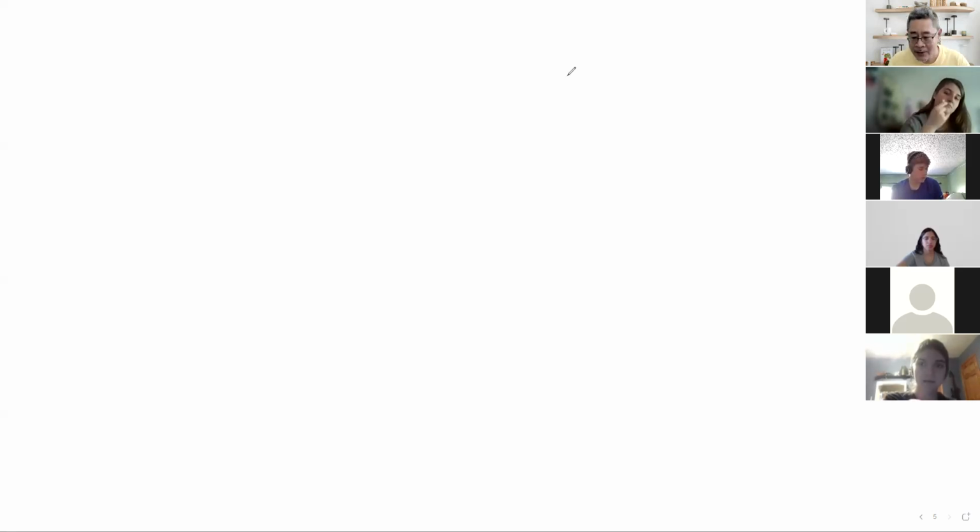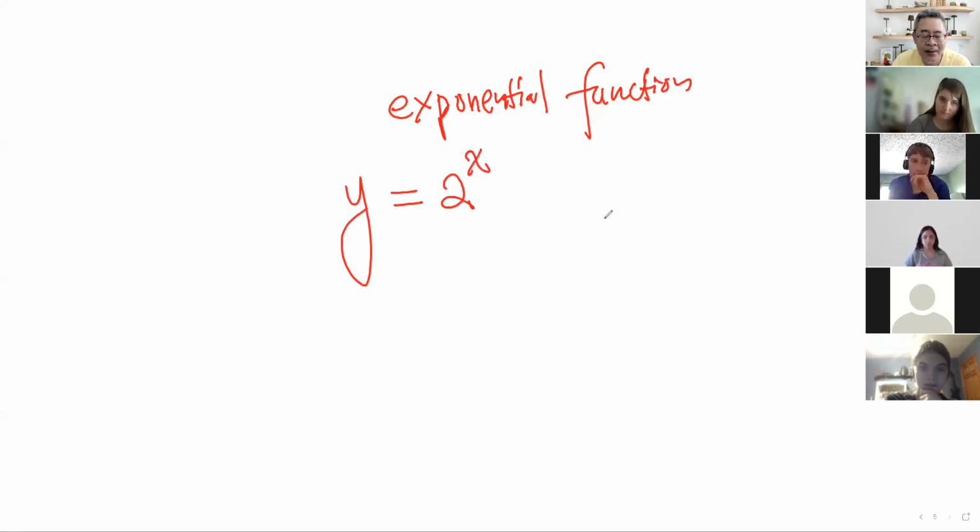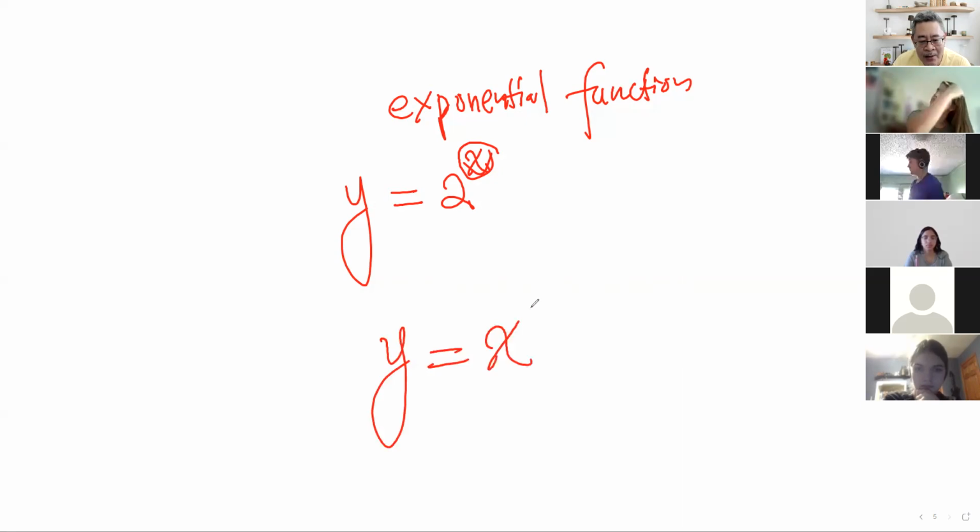Okay, all right. So now how do we write a function like that? When we're talking about an exponential function, the x, which is our independent variable, is on the exponent. That's why it's called an exponential function. So y equals, say, 2 to the x. That's what we did early on. Now, what if a function is like x to the 20th or 12th power?